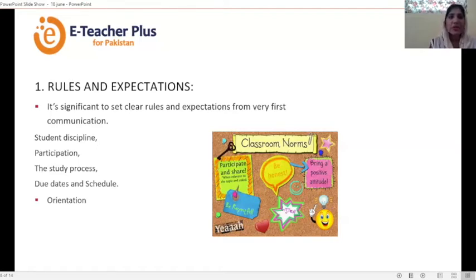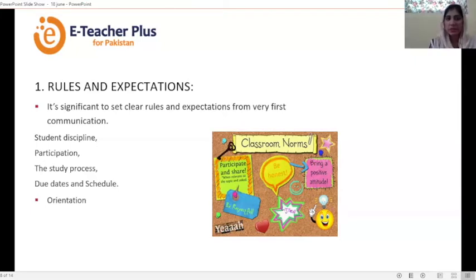After ensuring that they have read the rules, the instructor conducts an orientation class. In the orientation class, the instructor presents the rules in a very positive way. All the rules need to be as simple as possible and easy to follow.